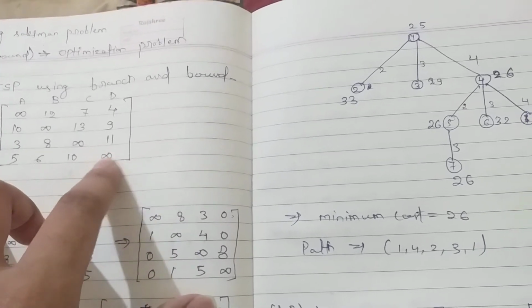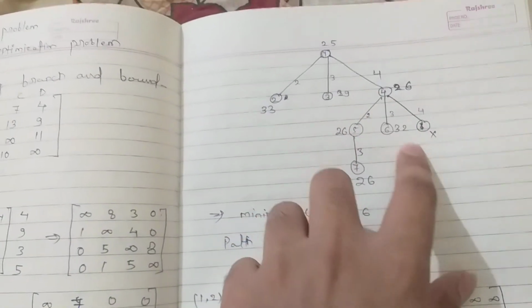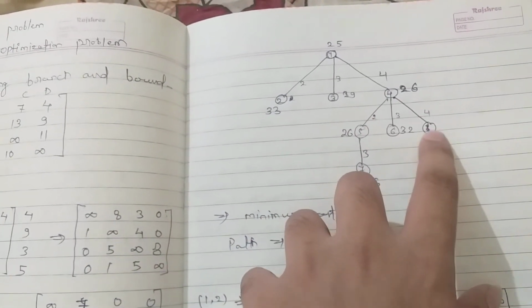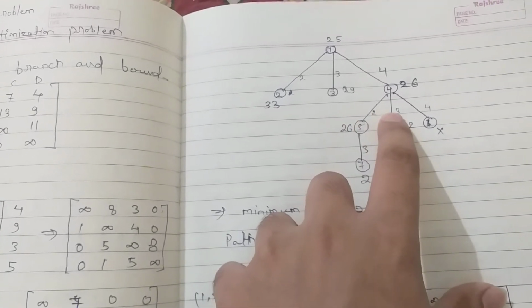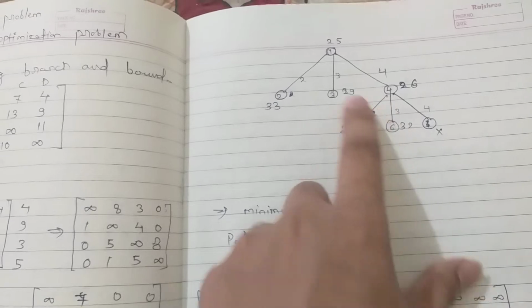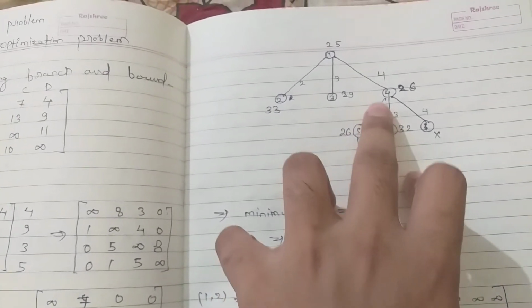This shows that there is no self loop or no edge from 4 to 4, that's why we have killed the node. So we will solve only for vertices 2 and 3 from 4. So 4 to 2 and 4 to 3 we will solve.